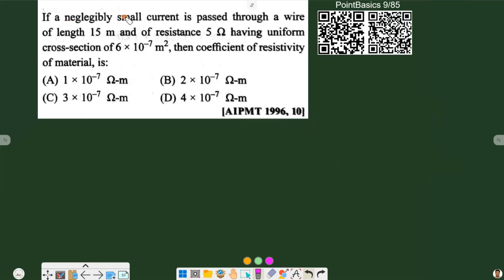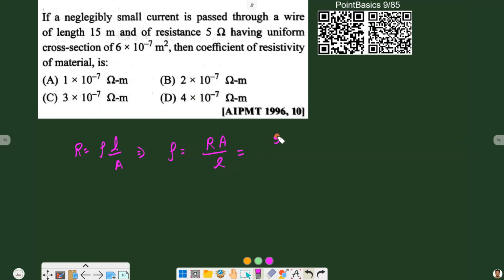If a negligible small current is passed through a wire of length 15 meter, resistance 5 ohm, having uniform cross-section area, coefficient of resistivity of the material is. So we have to find out value of rho, and for that we know that R is equal to rho l by a, and from this rho becomes R times a by l.